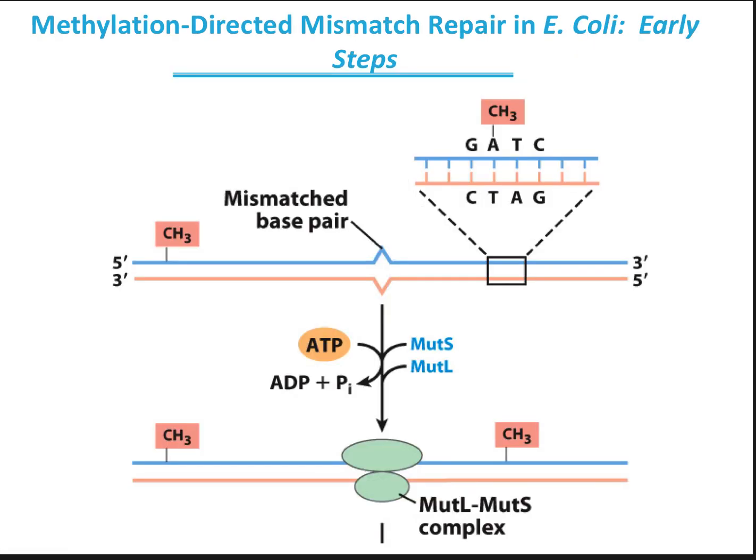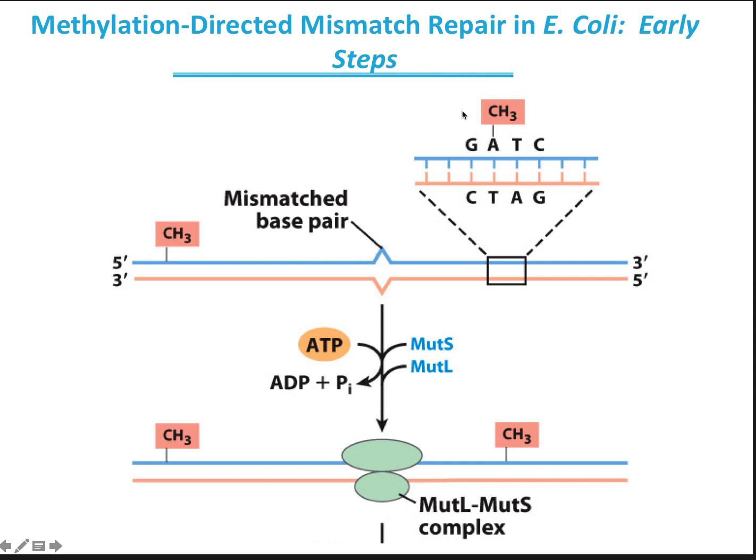So here we see the early steps of methylation-directed mismatch repair. In this initial panel, what we see is the parental correct base pair is methylated, and designated here is the mismatch base pair. If we look at the actual sequence, we see the GATC.